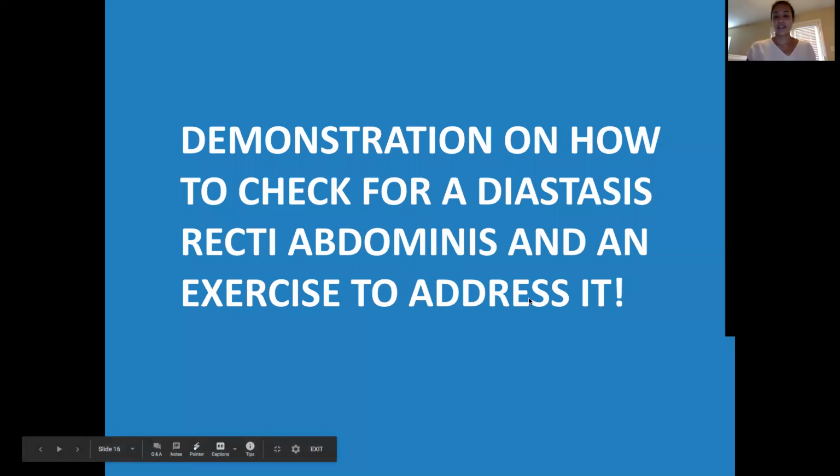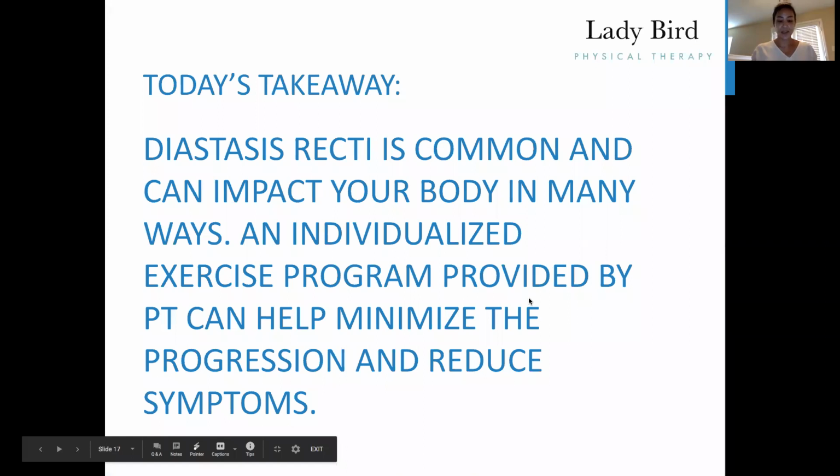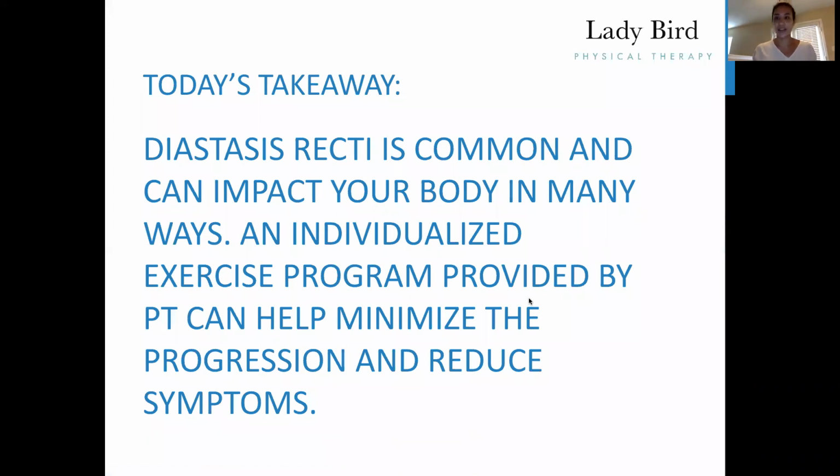So we're almost done here. Again, just remember today's takeaway: diastasis recti is a really common condition, and it can impact your body in a lot of ways, just as I discussed throughout this webinar. Finding a PT and making sure you have an individualized exercise program can really help minimize the progression of it, as well as reduce the symptoms.